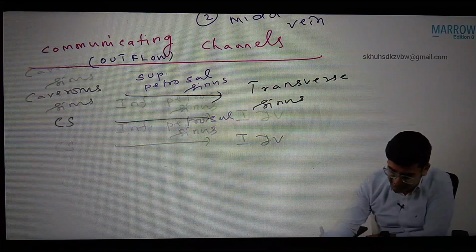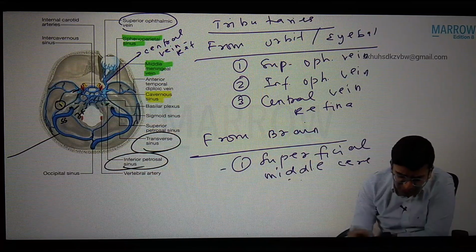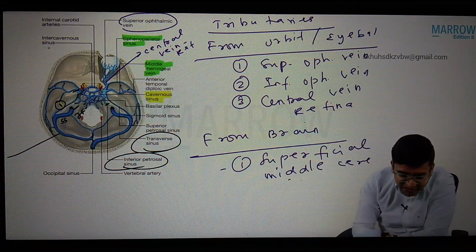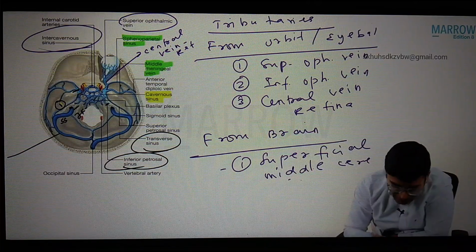Okay. Next, see the diagram. Now cavernous sinus of two sides, they are communicating with each other through intercavernous sinus. See here, this one and this one.